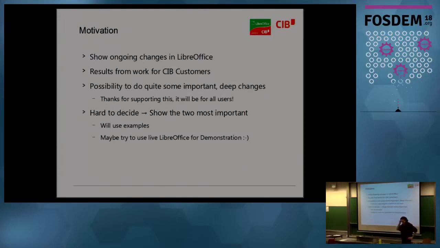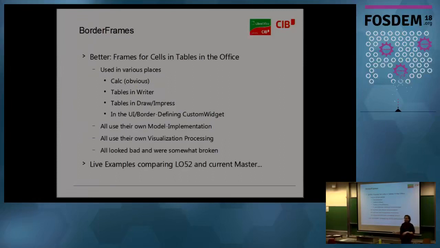It was hard to decide what to show, but I show the two most important, and I will use examples as far as possible to show you that it's really working. Maybe I'll try a live demonstration, but as you have seen in my talk before, it didn't work too well, so I will try to be careful.